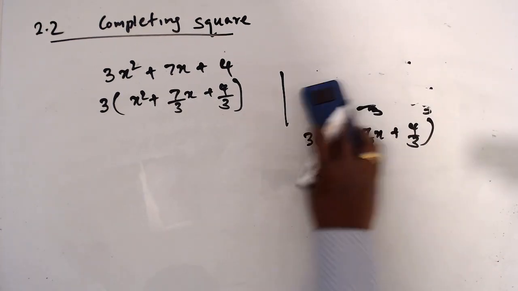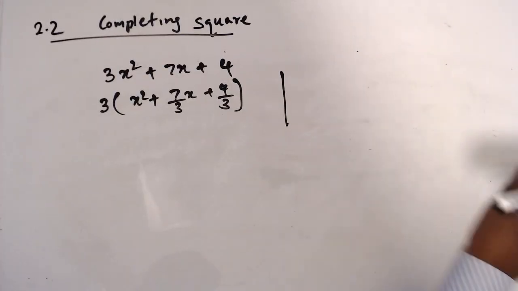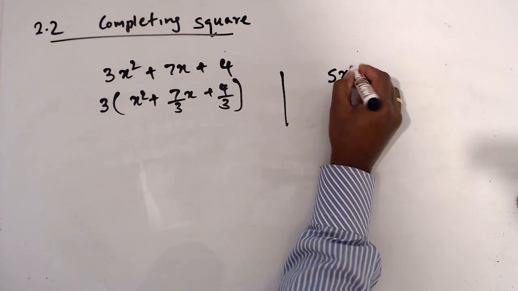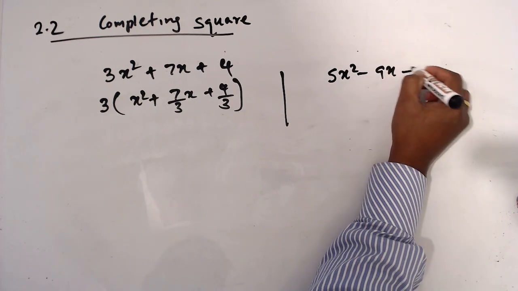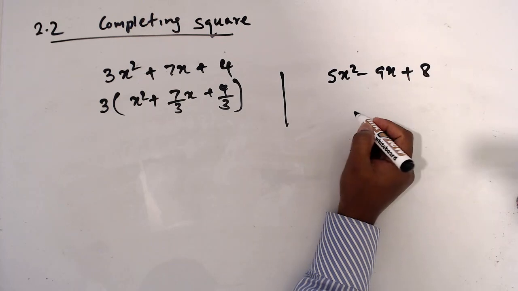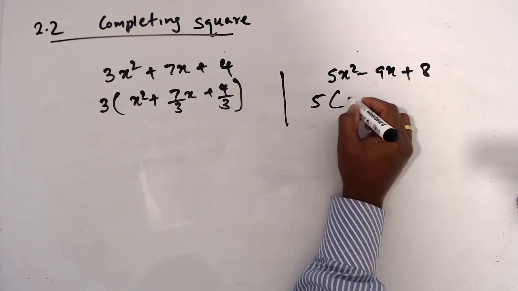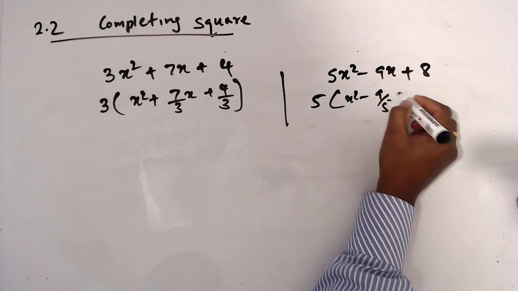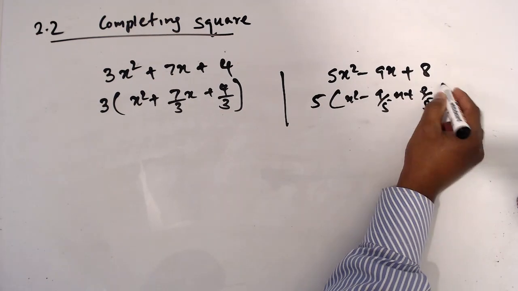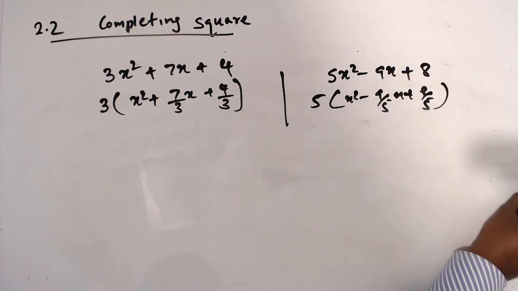Another example. 5x square minus 9x plus 8. Now I want to take 5 out. When I take 5 out, I can simply write x square minus 9 over 5 x plus 8 over 5, and multiply back and see whether you get this one.